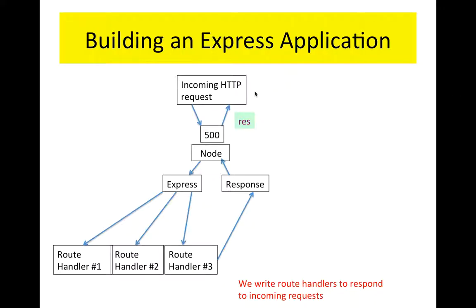HTTP requests are things that we send to the browser, and they can come through to us, the server, through a port 500. Node at the back, in the server side of our computer, or whichever device we're using, then runs Express.